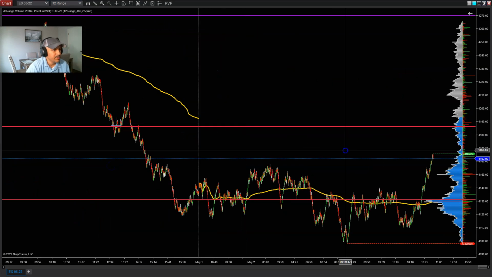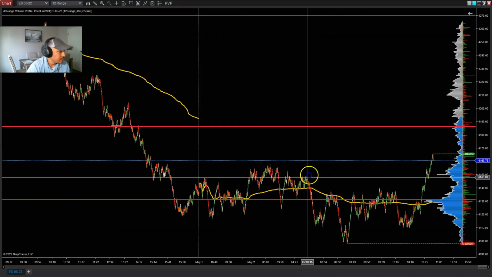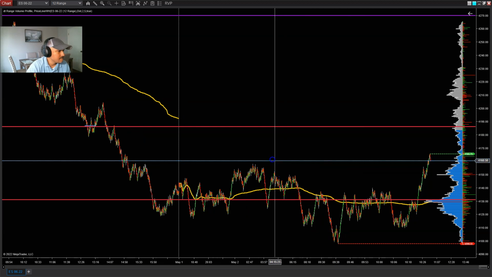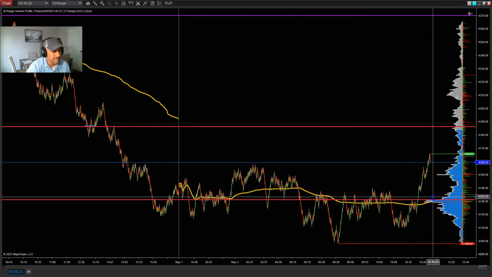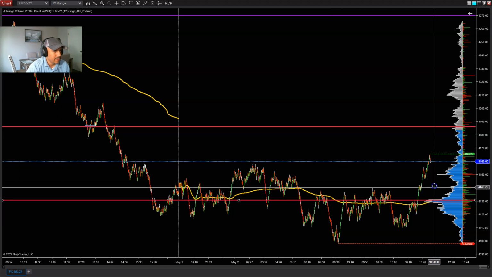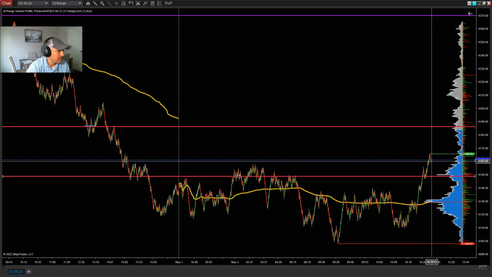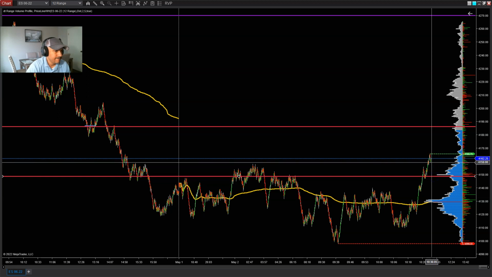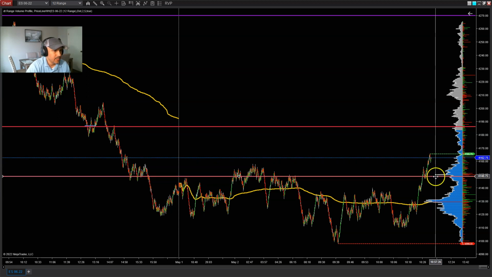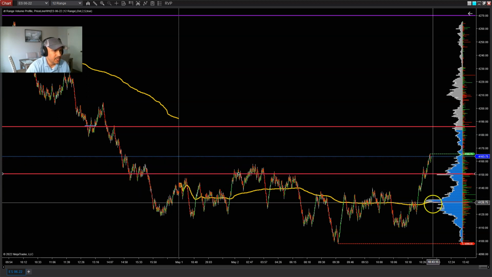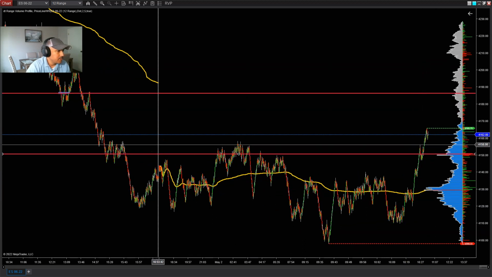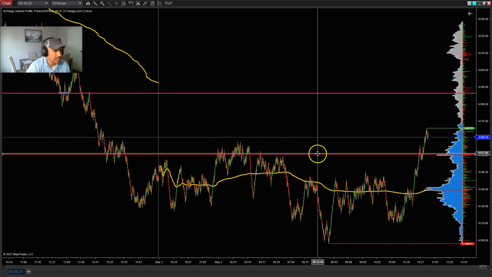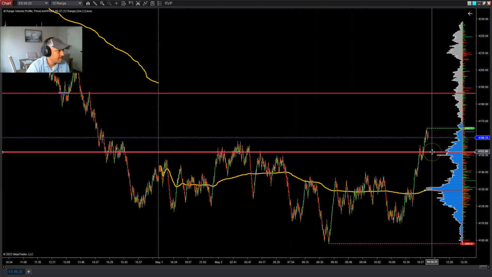Let me look at my 12 range, blow that up a little bit. Yeah, price could push higher here. We could actually come maybe to this area here.